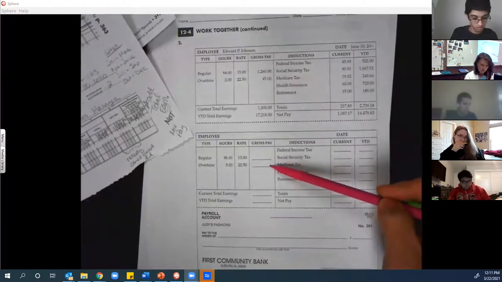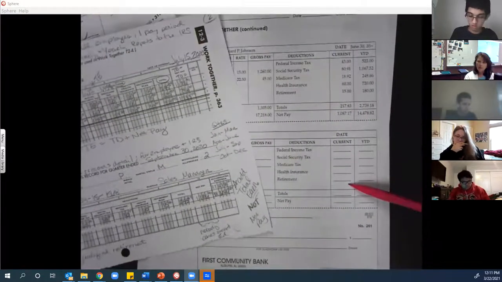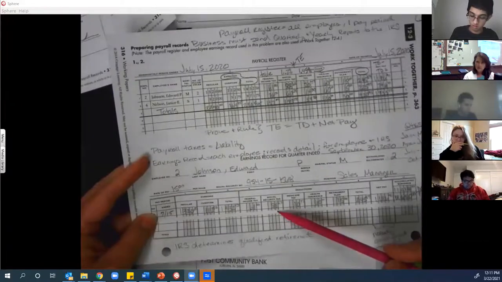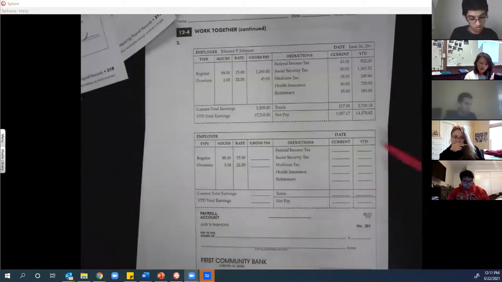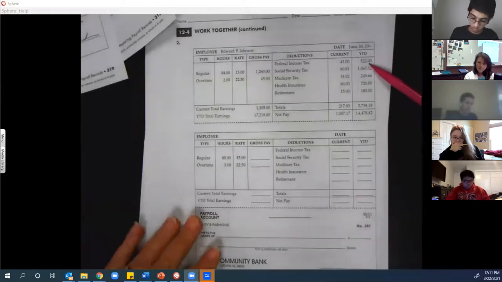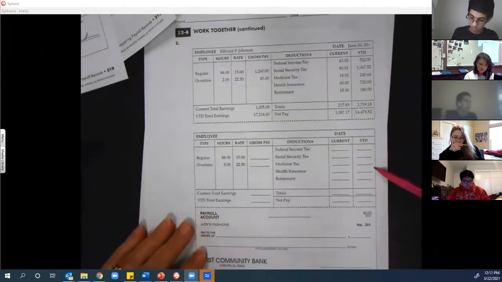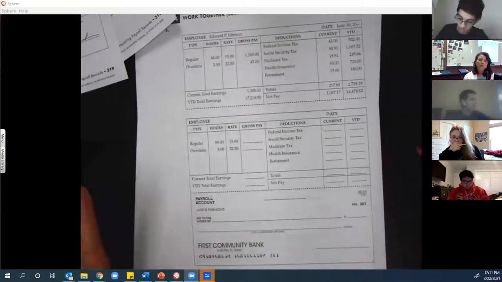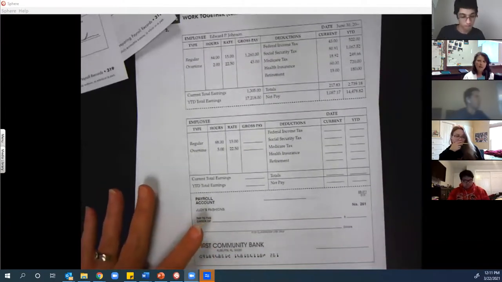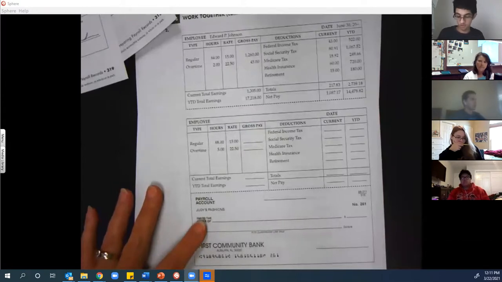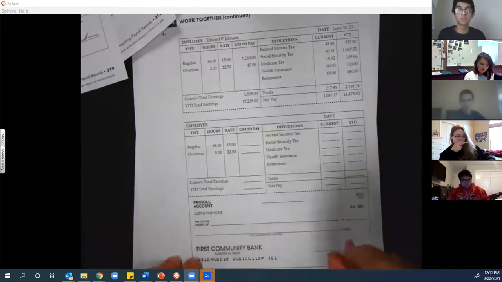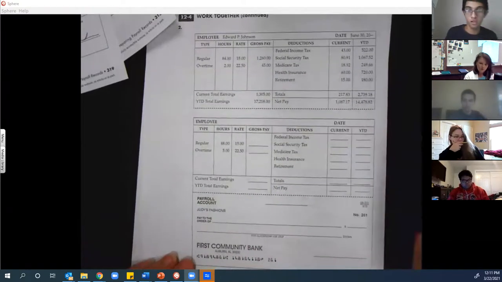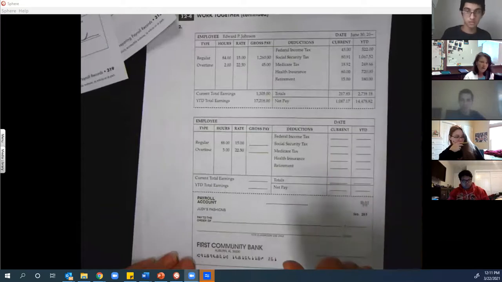So what's his gross pay, what's his overtime pay? You don't have to go look it all up again. You've already got it. You just have to transfer it over here. Then you take his old year to date, add it to his new to get the new year to date, and then write the check. We'll do this together on Wednesday, but for those of you who have the SAT, I'll probably record it if you want to go back and look at it. It's pretty much just transferring the numbers over into this format and writing the check to Edward for his paycheck.